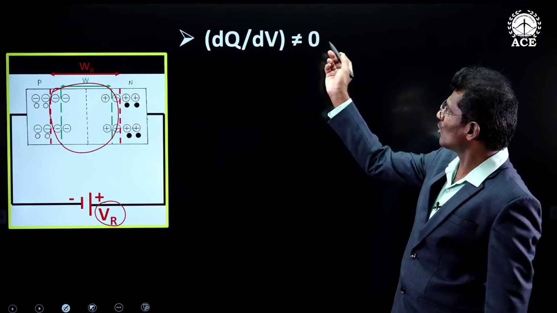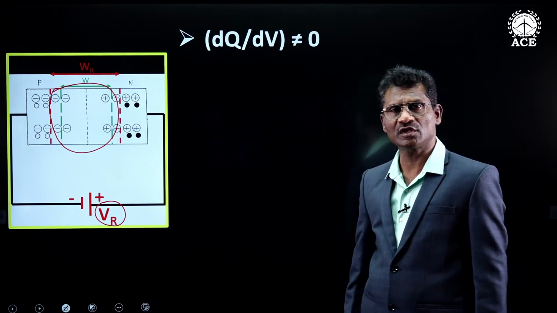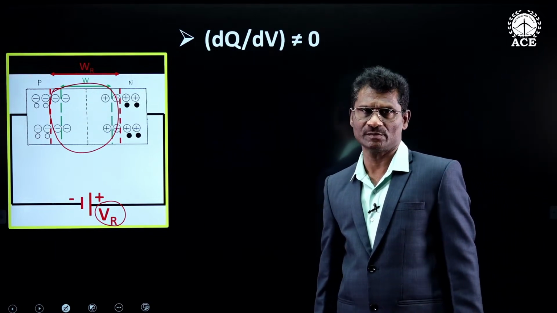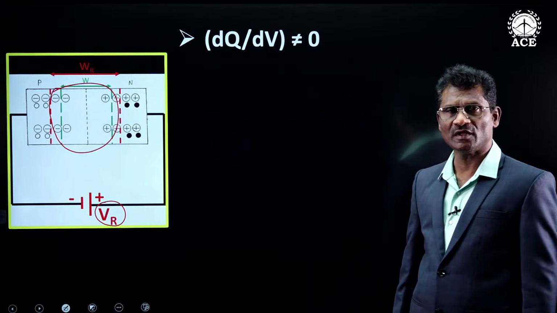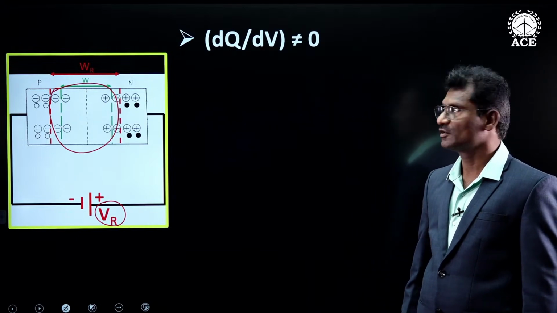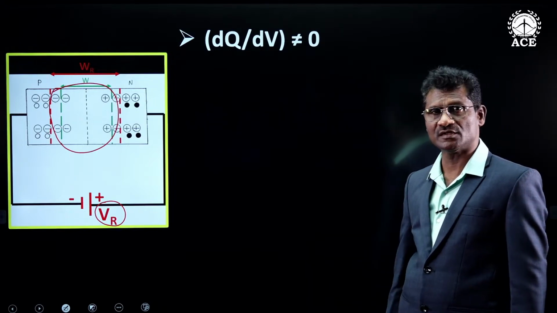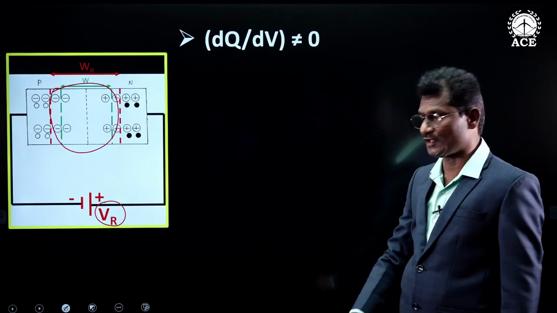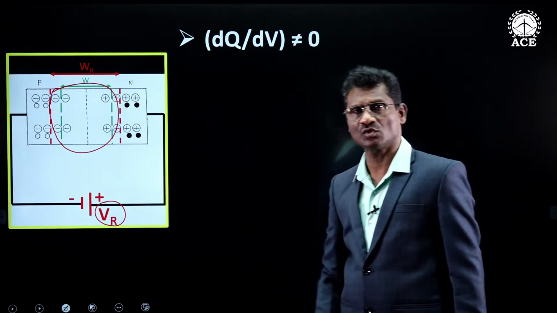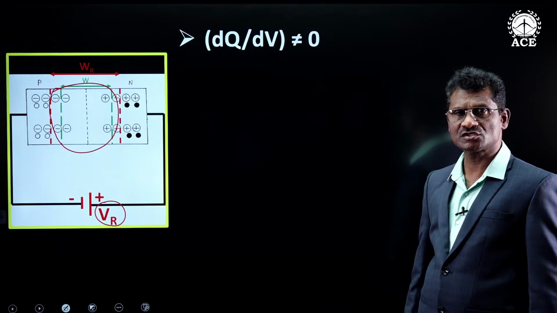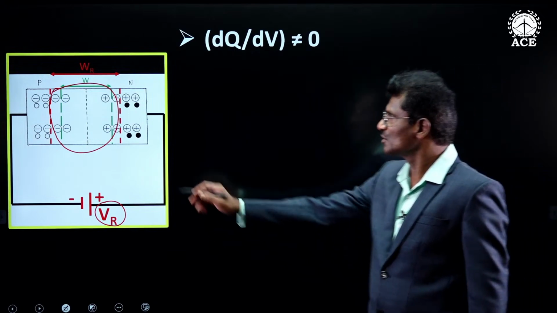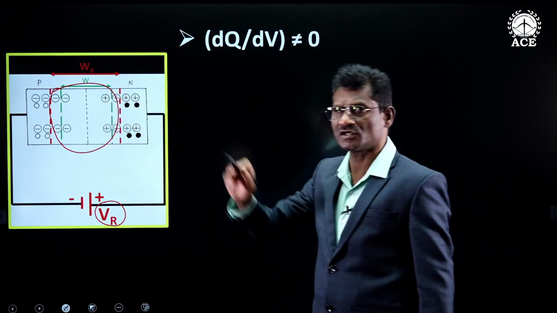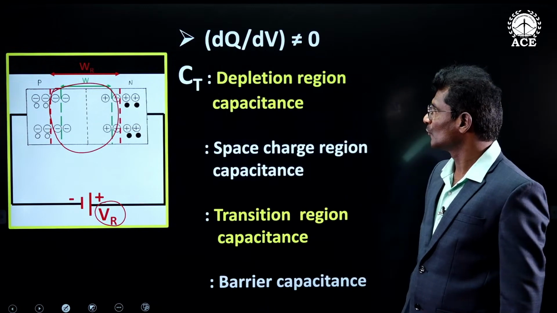And hence a non-zero value of dq by dV is exhibited, which is by definition capacitance. Non-zero value means as voltage varies, that is, as reverse voltage varies, charge will vary. Charge means charges of depletion region will vary.